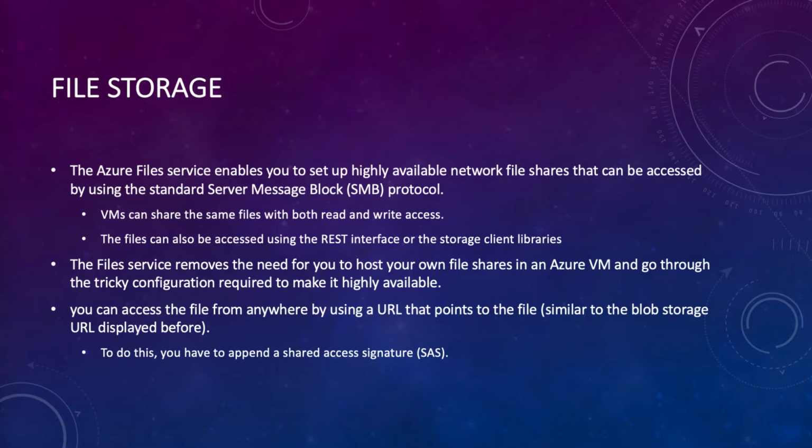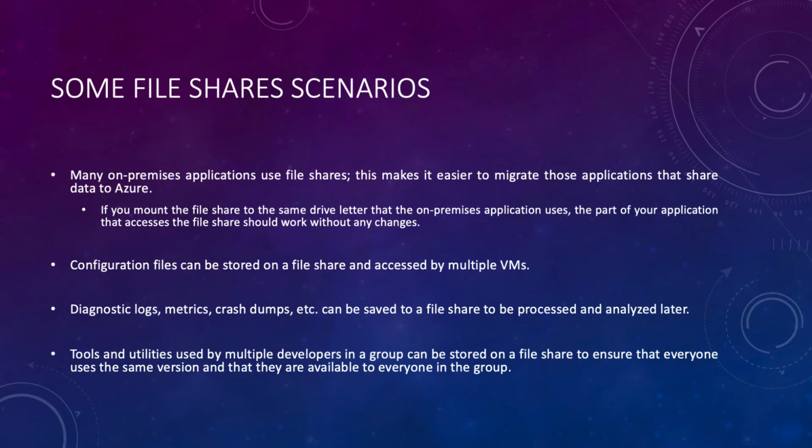To do this, you have to append a shared access signature, or SAS, which I will talk about when I'm talking about security. For now, just know that it is there. Later down the road, when we talk about security, we definitely are going to go into much more detail about the SAS.